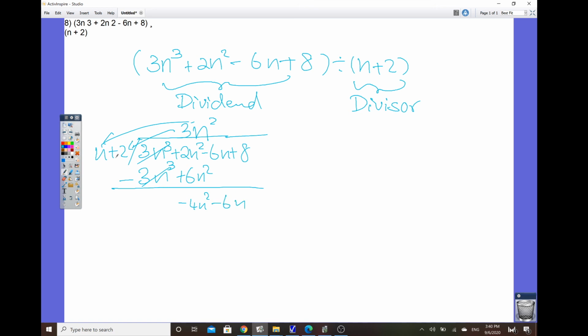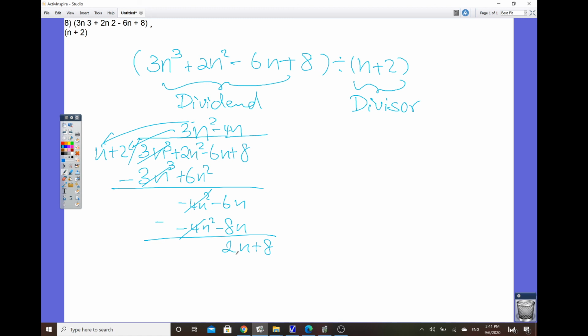Again, binomial versus binomial. In order to cancel out that negative 4n squared, what I need to multiply is negative 4n. So negative 4n times n is negative 4n squared, and negative 4n times 2 is negative 8n. Subtract, so this one got canceled. Negative 6n minus negative 8n is like negative 6n plus 8n, so that'll be 2n plus 8.